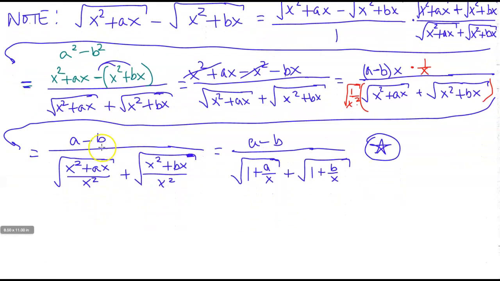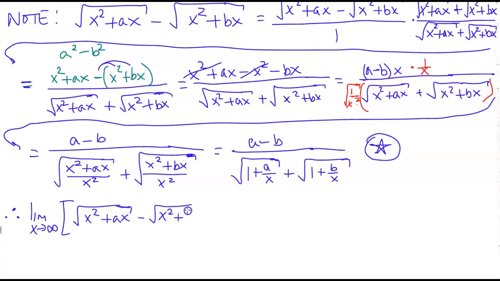Okay, so at this point, what we will say is, therefore, the limit as x approaches infinity of square root of x squared plus ax minus square root of x squared plus bx, this function will behave or act just like this one. Okay, so what we've just found. And so when we rewrite these limits, that is essentially what we're saying. The behavior of this function is just going to act like the behavior of this function.